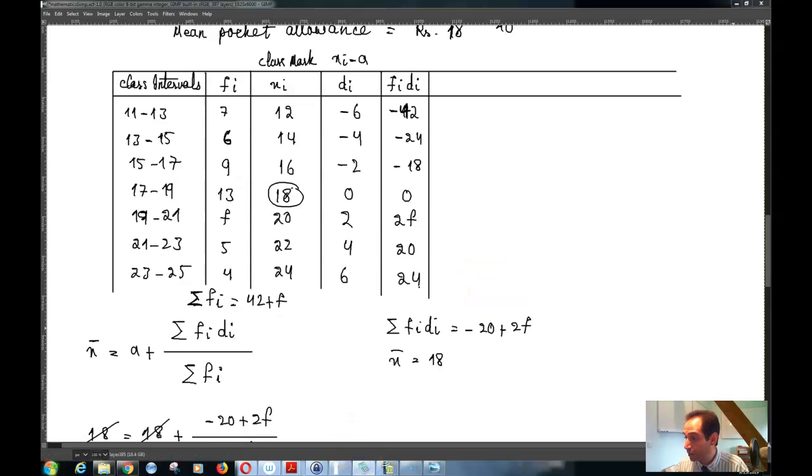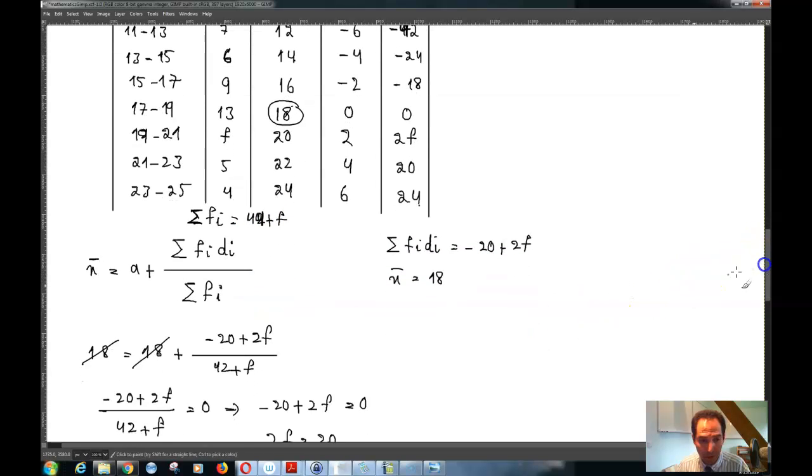So sigma f of i is equal to 7 plus 6 plus 9 plus 13 plus 5 plus 4 is equal to 44. Oh, that's 44. But that still doesn't really matter. 44 plus f. There must be something wrong here.